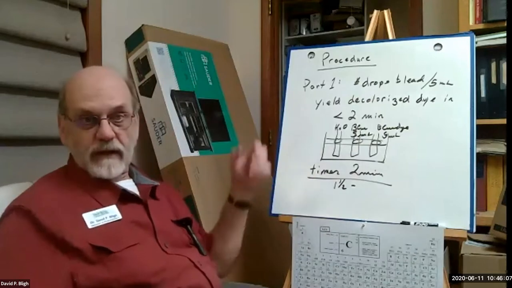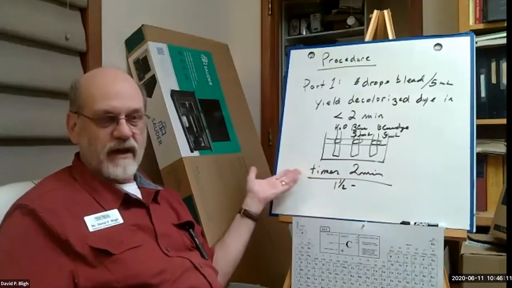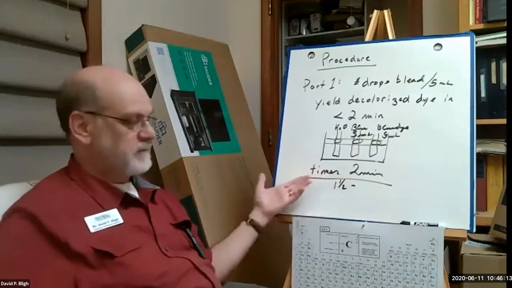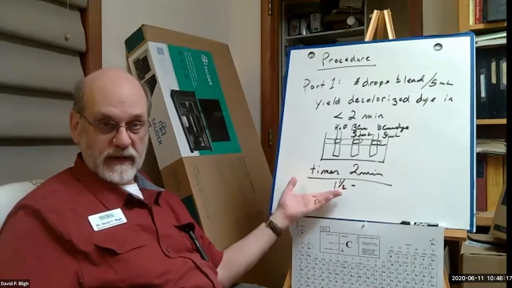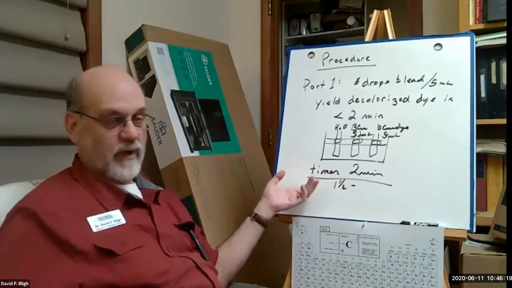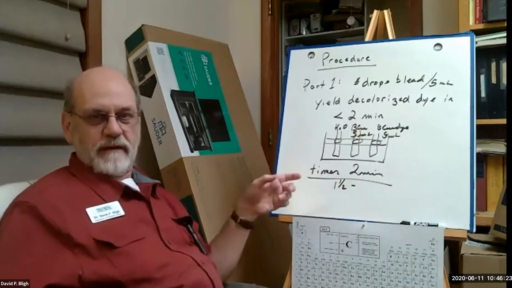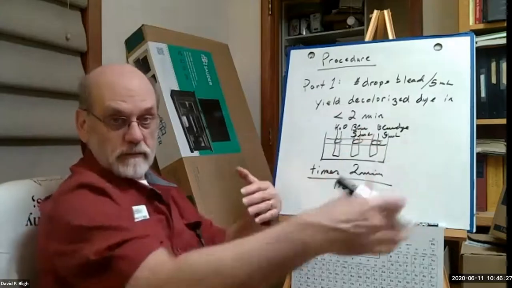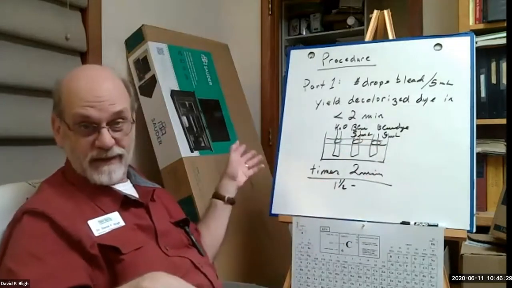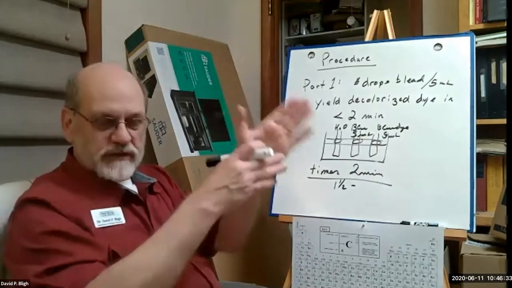Put 10 drops in there and see if it meets the standard. It's not enough, okay? Put 20 drops in there. Does it give you decolorization in under 2 minutes? Probably not. So put 30 drops in there, right? So the idea is to go too far, decolorize in less than a minute, and then you've been putting 10 drops at a time.